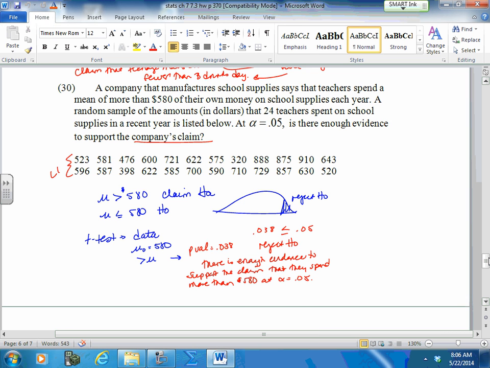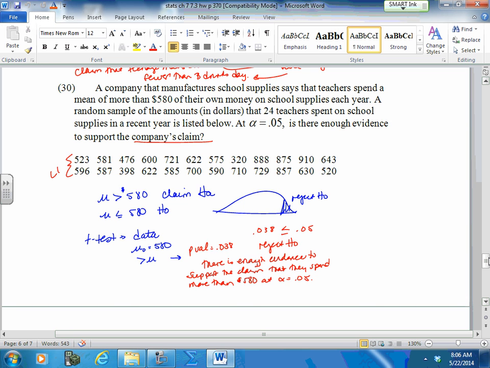A random sample of 24 teachers, this is your sample, shows what they spent in a year, so you're going to have to do your L1, find your mean, find your standard deviation, or just go to the stats part of that, and it should slide that in for you. But make sure you tell me what test you did.